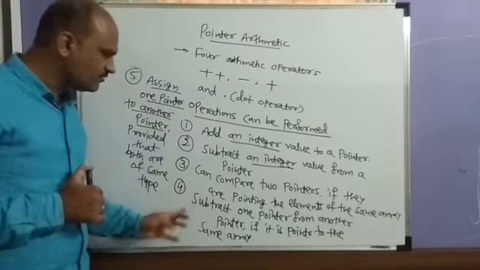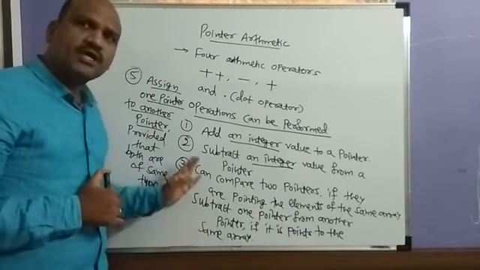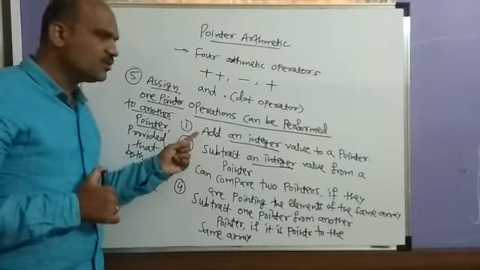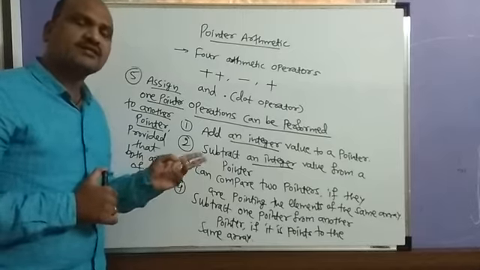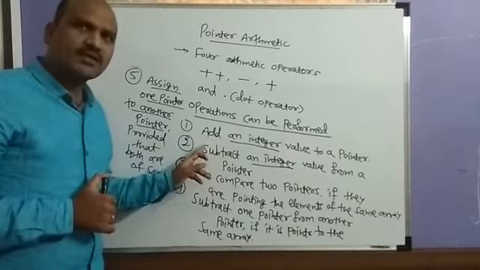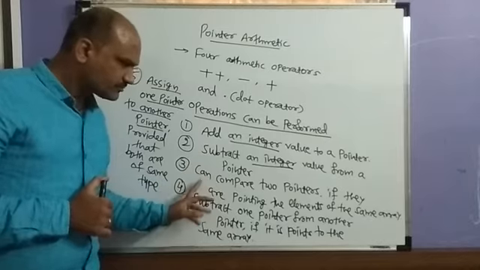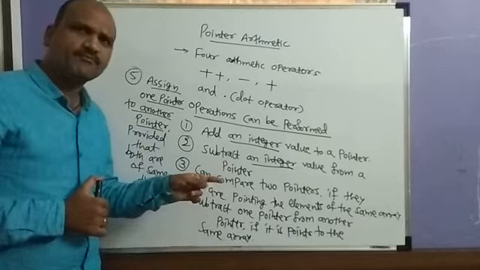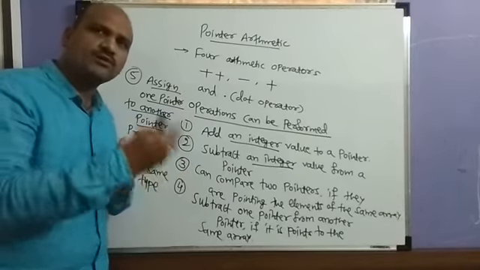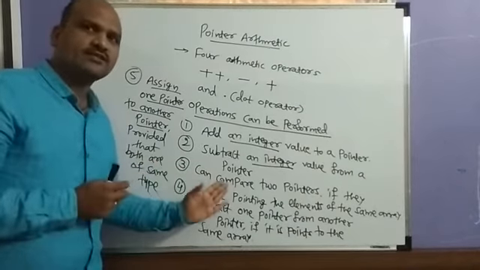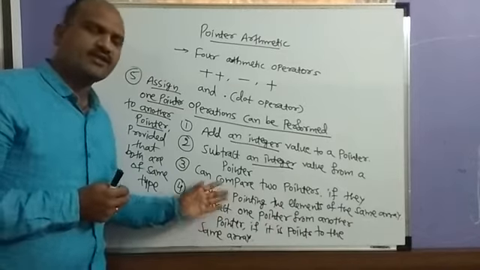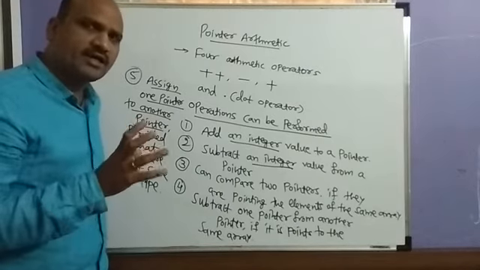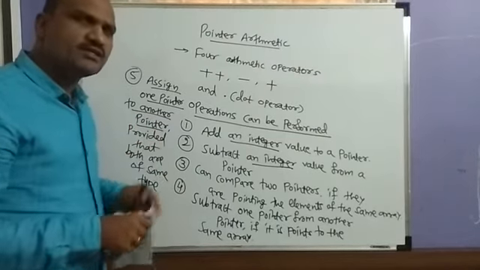These are the five operations we can perform with these arithmetic operators. We can add an integer and subtract an integer value, compare two pointers if they point to elements of the same array, subtract one pointer from another if they point to the same array, and assign one pointer to another provided both are of the same type.